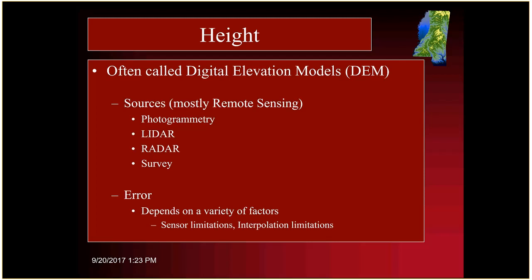LiDAR works by sending down lots of pulses of laser light toward the ground and then measuring the travel time back. So it basically bathes the Earth in points. Many of the high resolution data sets that you get nowadays are created with LiDAR, including the one that we're going to use today, the Laguna Beach data set.